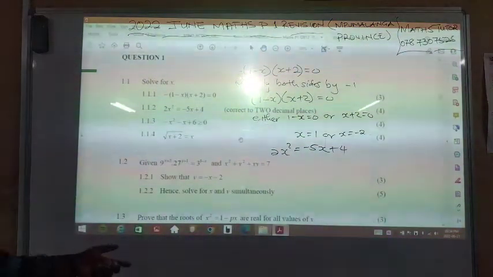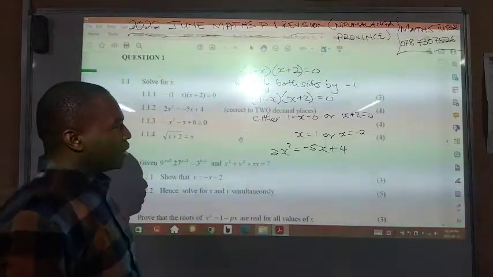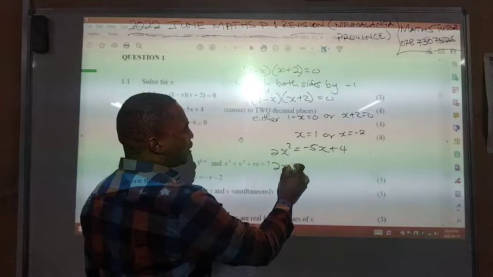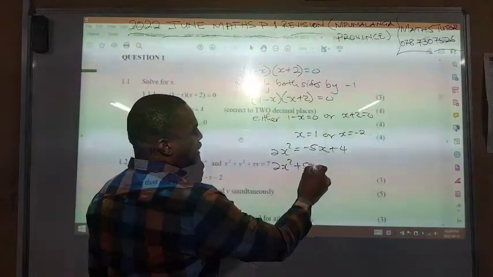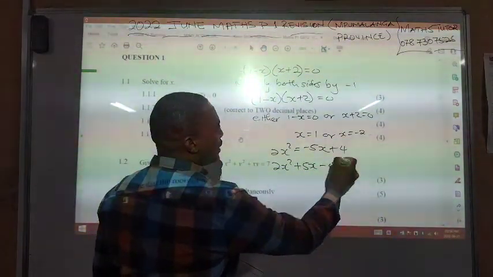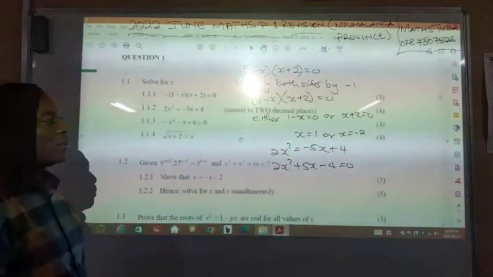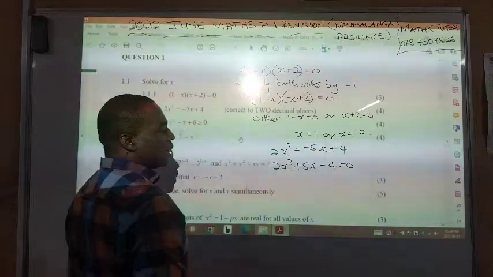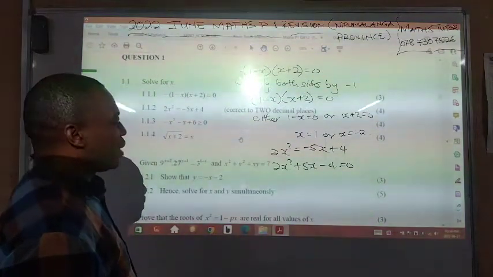Alright, the second question, you can see that it's quadratic and you need to rearrange first. So that will be 2x squared plus 5x minus 4 is equal to 0. Be very careful when you rearrange, because you can make a mistake there and then you lose some of the marks.